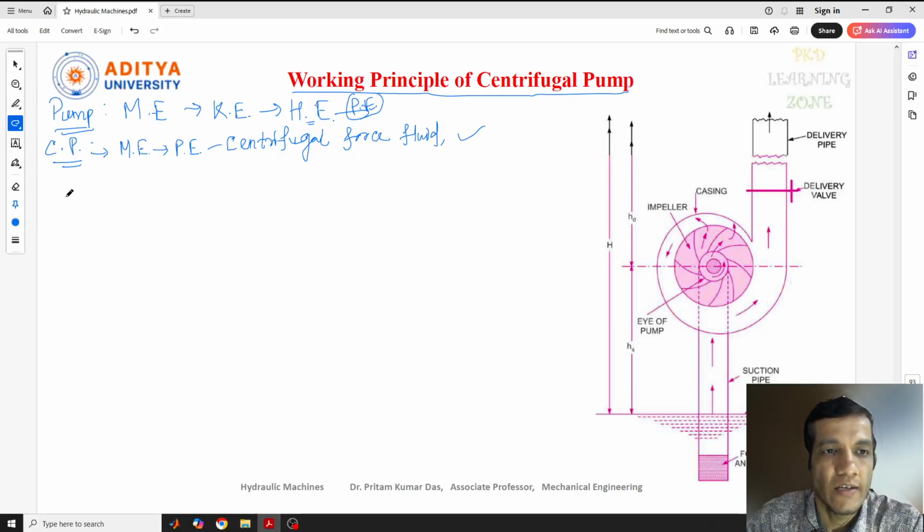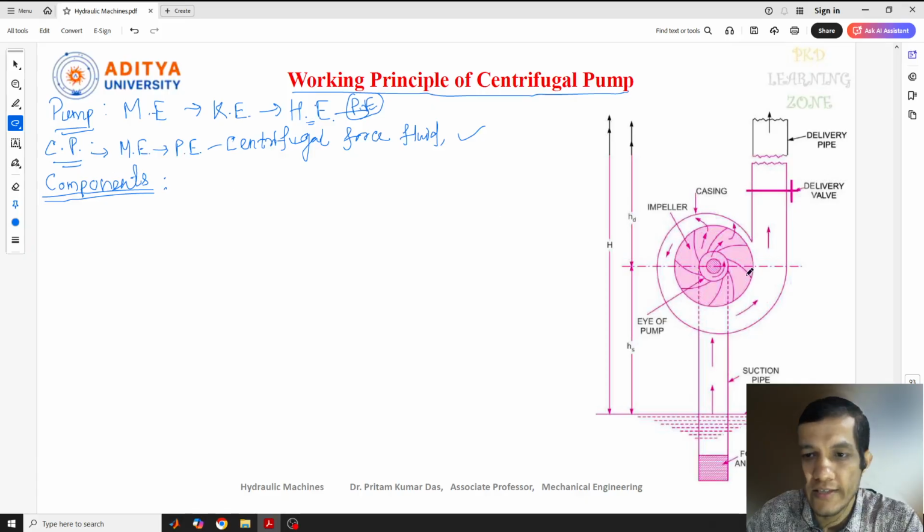So next, what are the components used in the working principle of the centrifugal pump? That we'll see here. To identify the components, let's come to this picture. We'll see what components are used in the centrifugal pump.